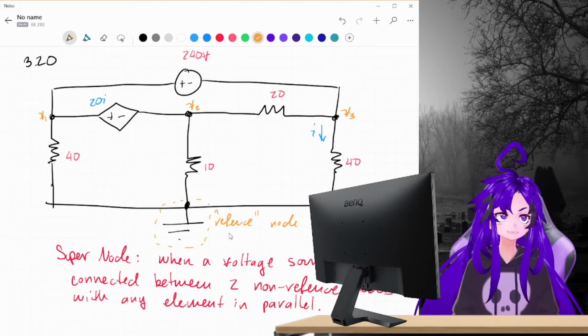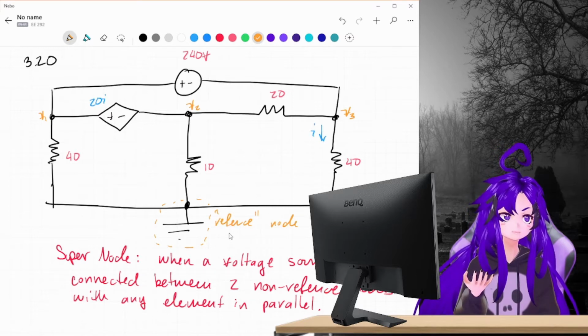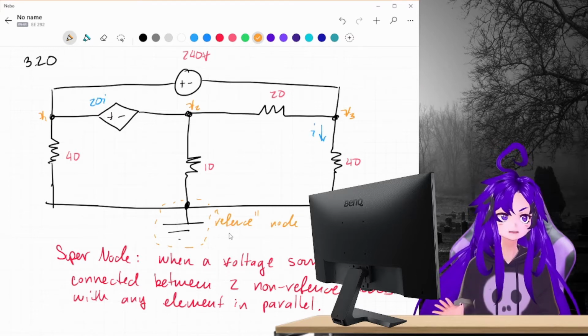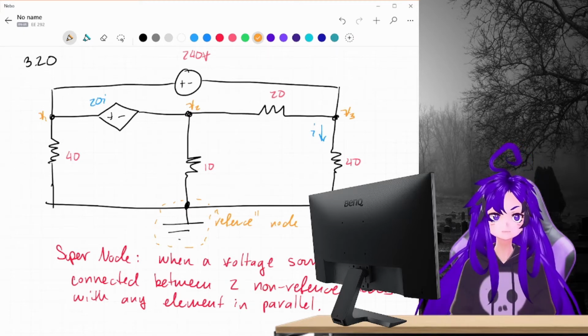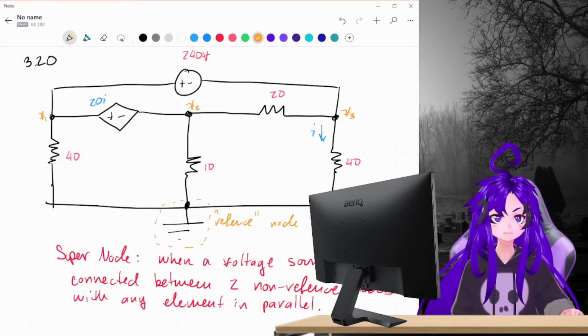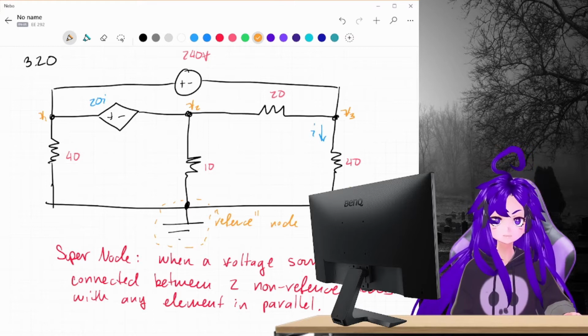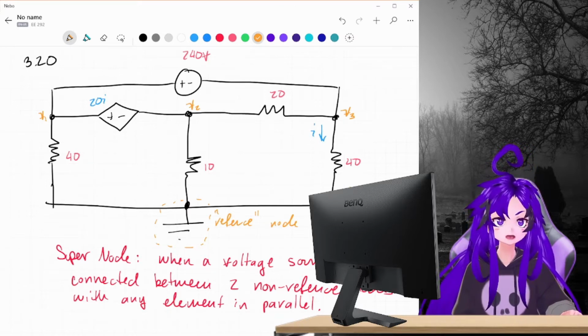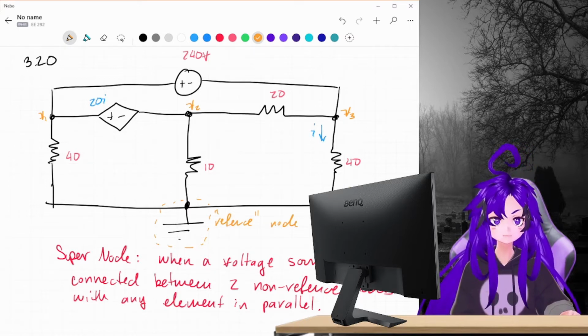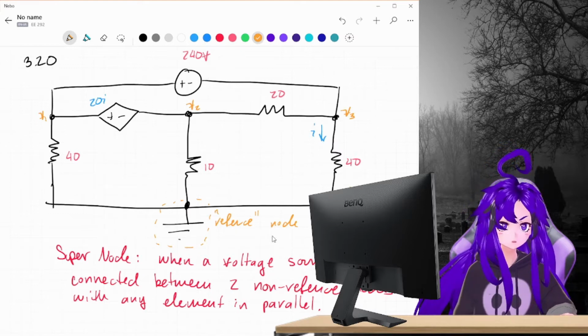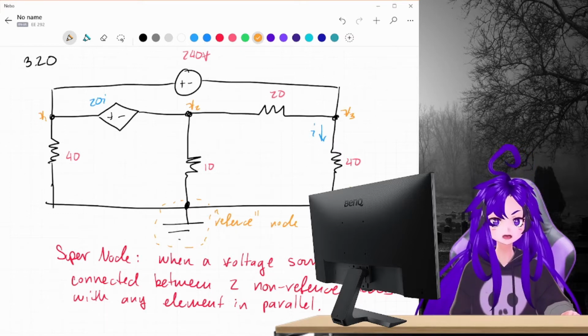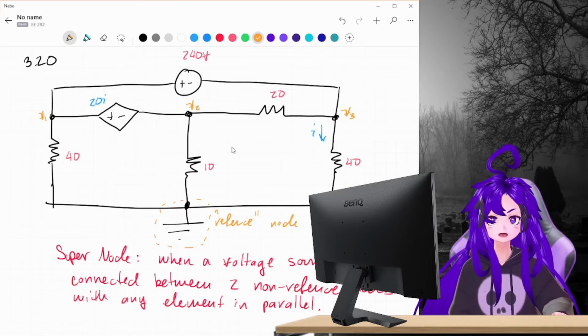Imagine this was some velocity problem in Newtonian physics. You have your ground, literally the ground, where your ball is rolling, and that is our reference point. So that's why we call this a reference node. Then the ball can either go left or right, or it can go up, whatever. It's Newtonian physics, we don't need to deal with it.